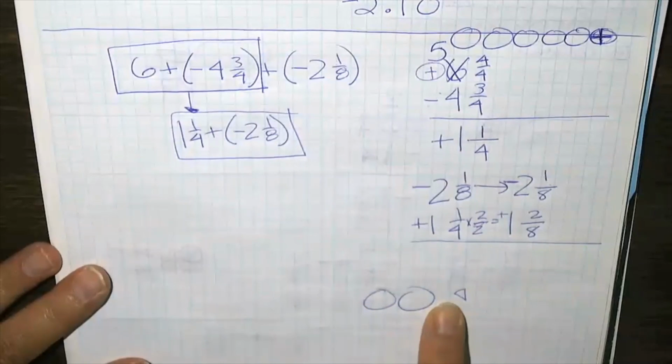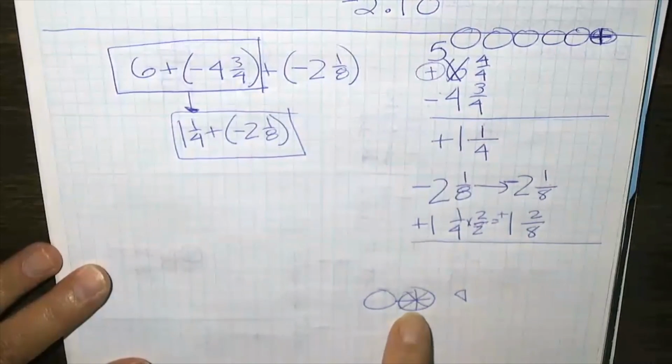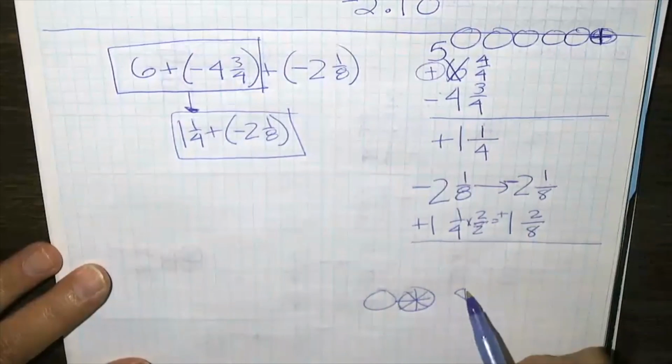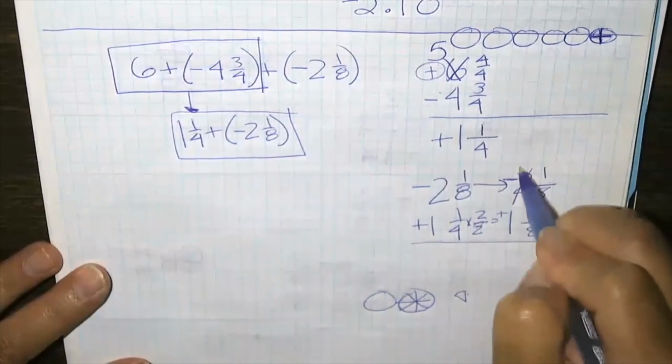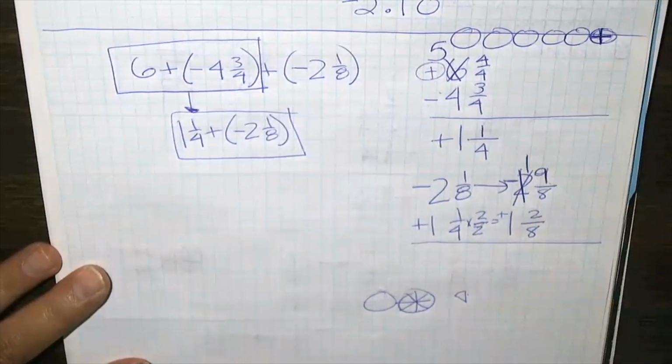This is the same thing as 1 9/8, isn't it? 1, 2, 3, 4, 5, 6, 7, 8, 9. 1 and 9/8. So this is the same thing as 1 and 9/8.